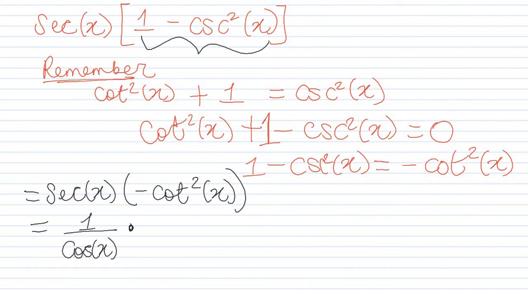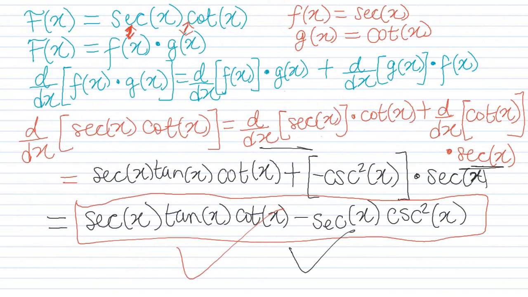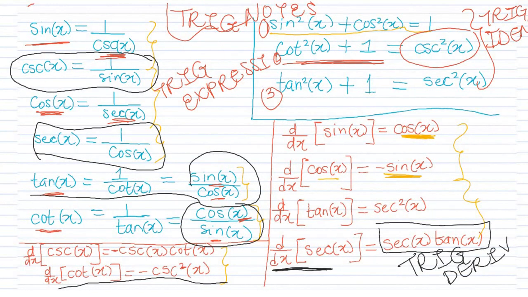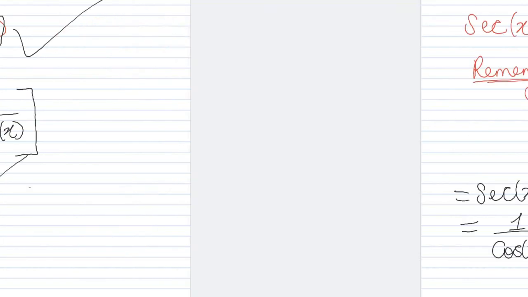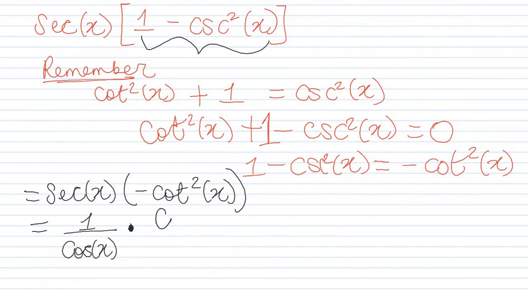Multiplied by negative cotangent square x. Well, what is cotangent? When we want to represent it in terms of sine and cosine, it is the same thing as cosine over sine. But then we have cotangent square x. That's going to be cosine square x over sine squared of x.